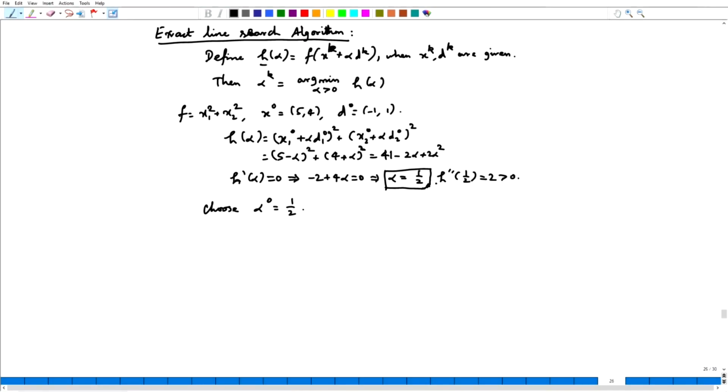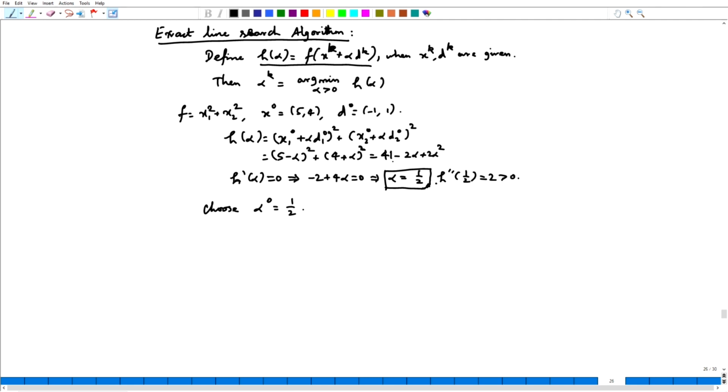What is h of alpha? Given x k and d k, you are running the function over all possible values of alpha. And when you actually do that, for example, if you plot h of alpha for f equal to x 1 squared plus x 2 squared, x naught 5 comma 4 and d naught minus 1 comma 1, you will roughly get the following.